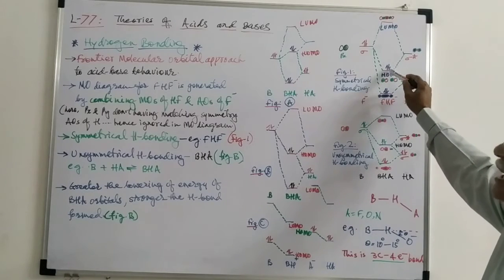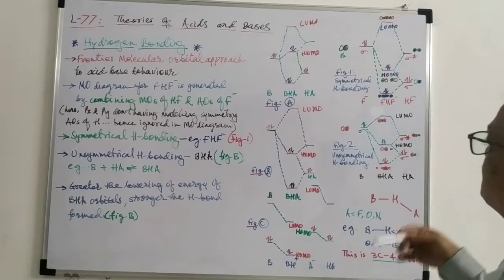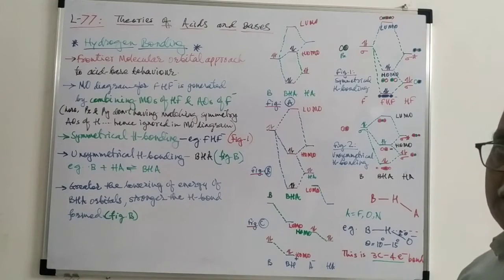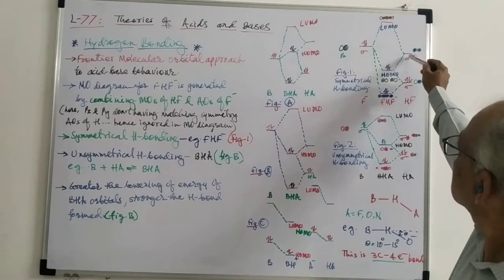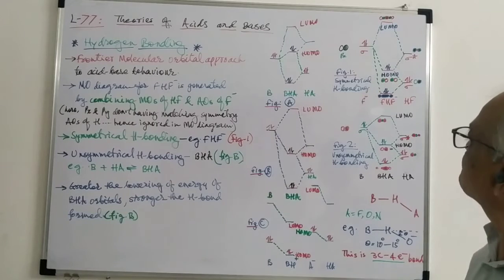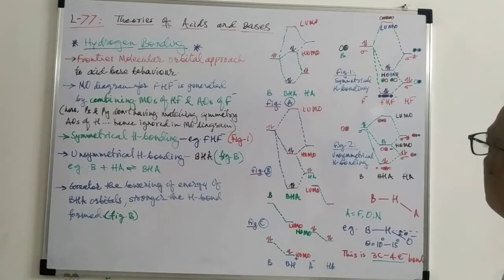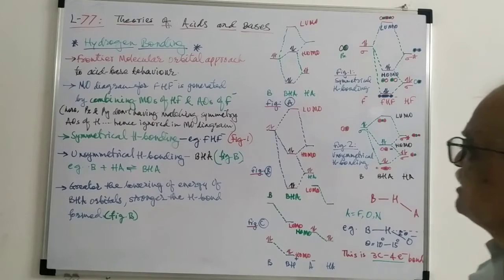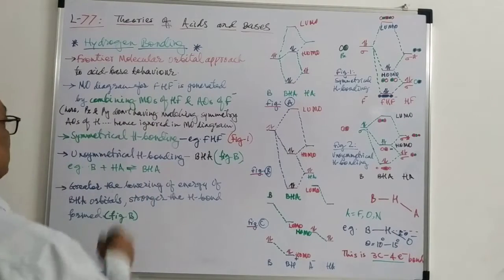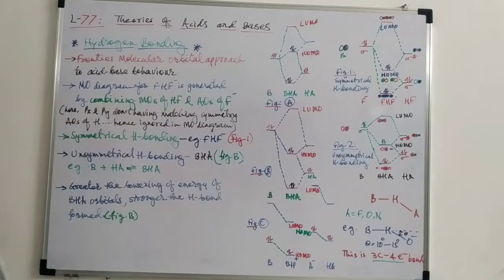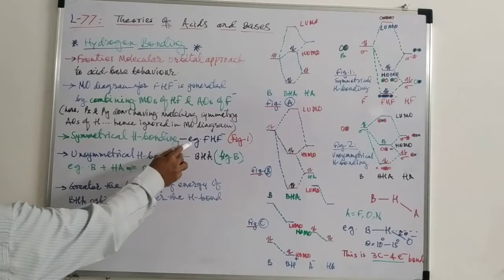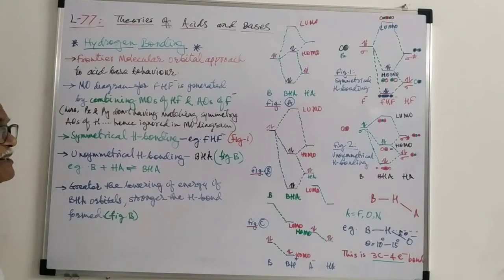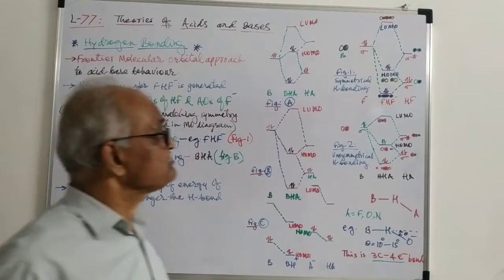Therefore it is relatively closer to the sigma star molecular orbital, and we can have the structure like this. So symmetrical hydrogen bonding in the case of FHF minus is observed.